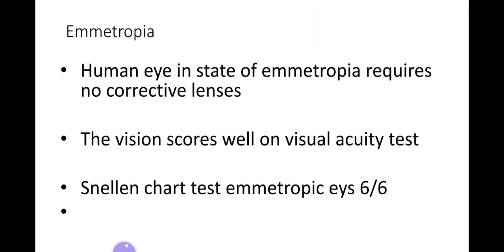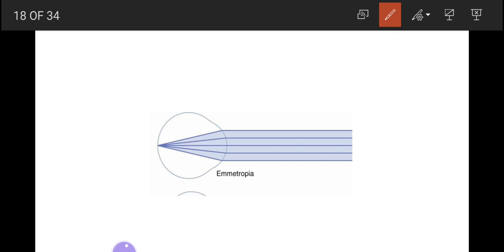So the human eye in a state of emmetropia requires no corrective lenses. The vision scores well on the visual acuity test, and on Snellen's chart test, an emmetropic eye will score 6/6. This figure shows the emmetropic eye, so the image falls exactly on the retina.